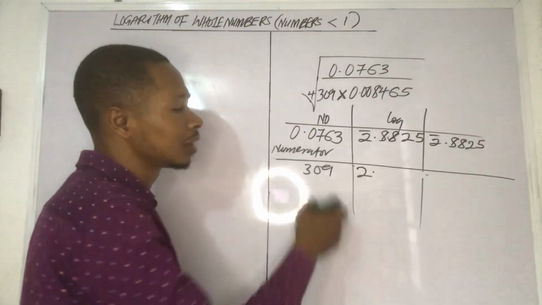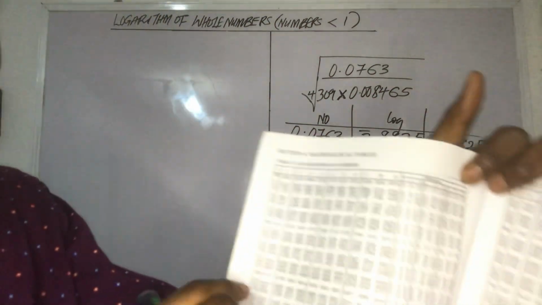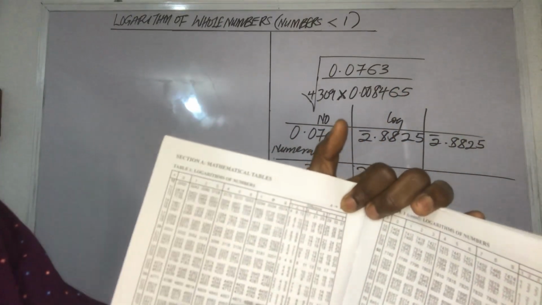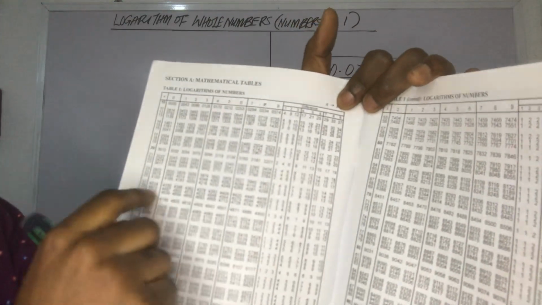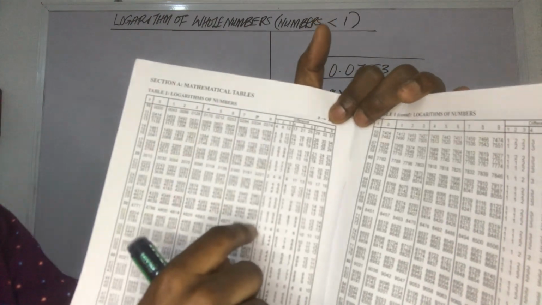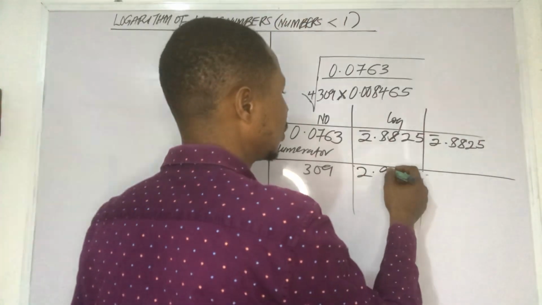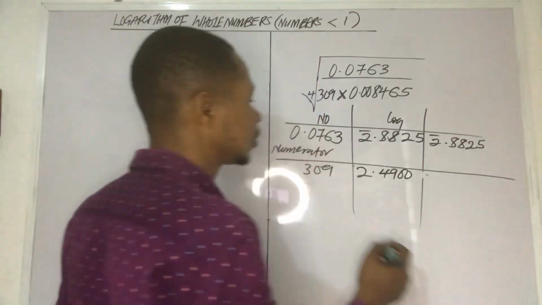Then I'll check 30 under 9, no difference also. This is 30, then I'll go under 9. That's 4900.